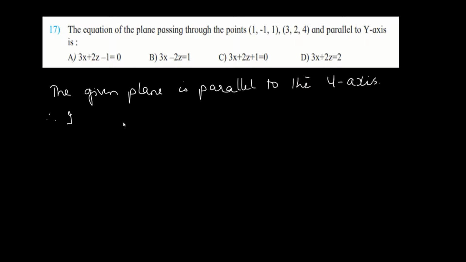Therefore, it is parallel to the unit vector along the y-axis, that is, it is parallel to j cap. This is a unit vector along the y-axis. If the plane is parallel to j cap, its normal is perpendicular to j cap. Think about it.